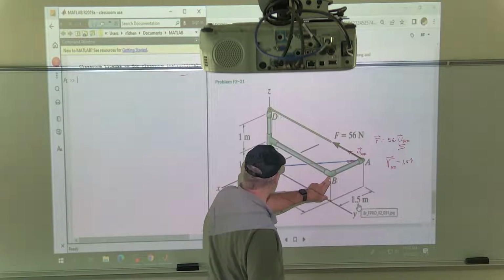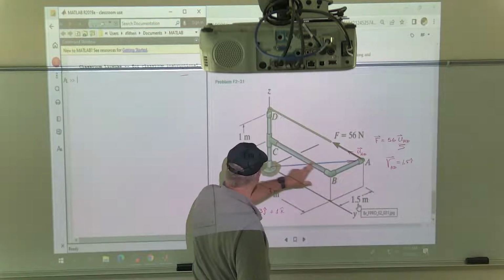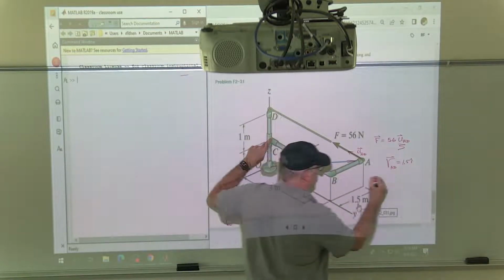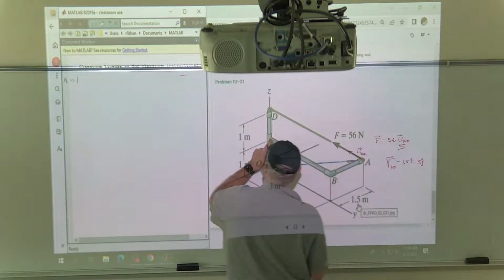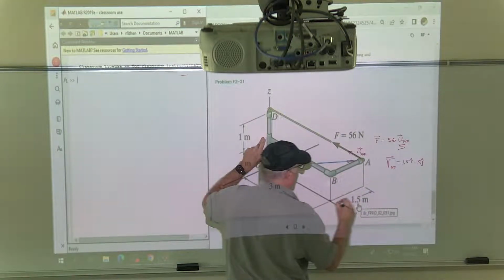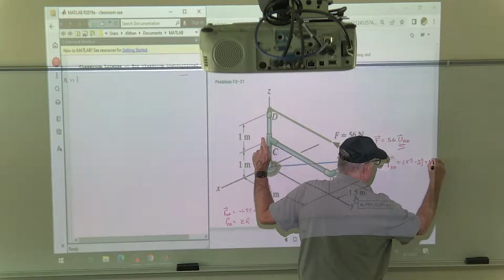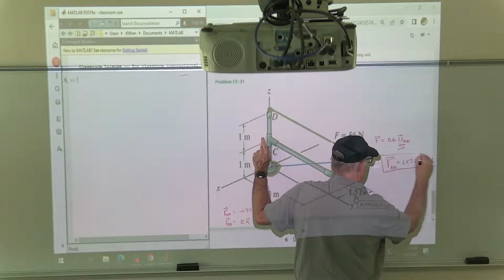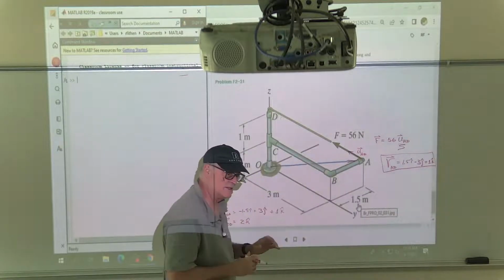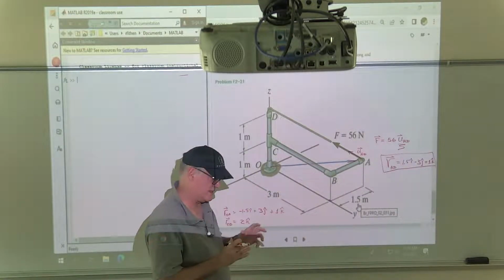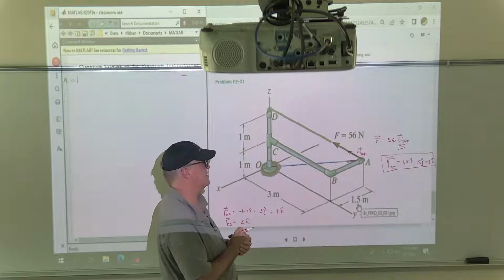Then I'm going to walk all the way down here, which is 3, but I'm walking in the negative. And then I'm going to walk up 1. Now that's one way to do it. You could just walk the axis, and sometimes it may take a little bit of getting used to try to walk those axes or whatever.